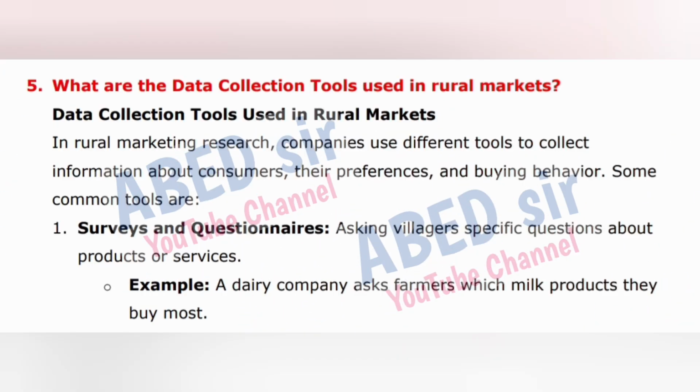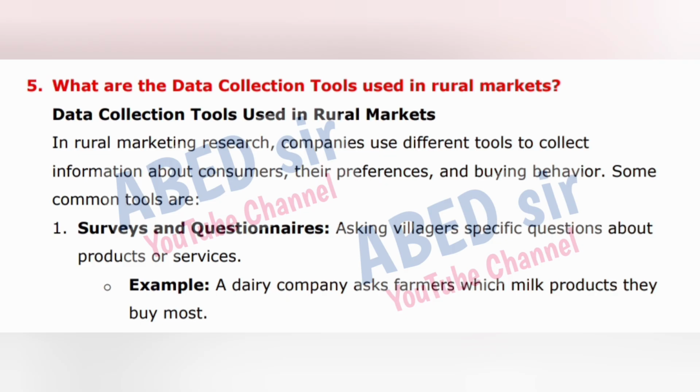What are the data collection tools used in rural markets? In rural marketing research, companies use different tools to collect information about consumers, their preferences, and buying behavior. Some common tools are: 1.